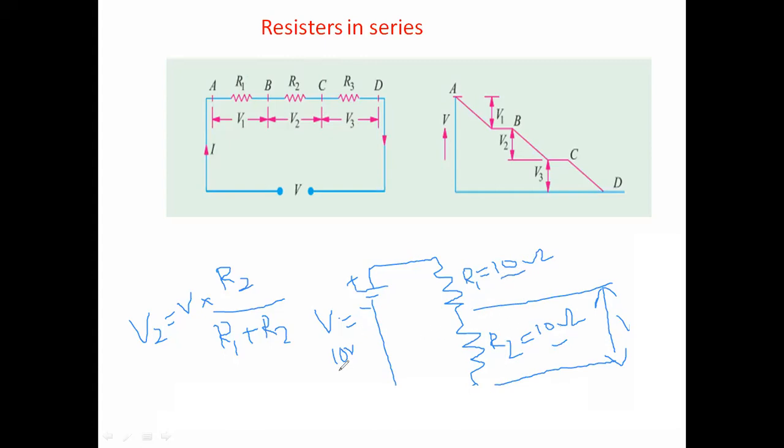The applied voltage is 10 volts, so V2 is half of the applied voltage, that is 5 volts, and V1 is also 5 volts. When two equal resistors are connected, the voltage drop across each resistor is half of the applied voltage. Like this we can find the voltage drop across any resistor.